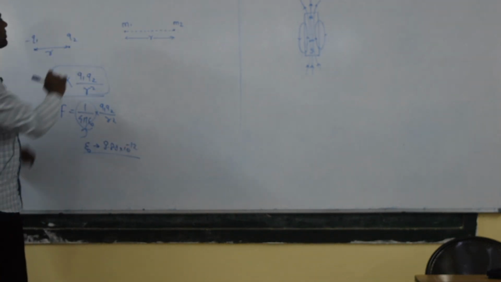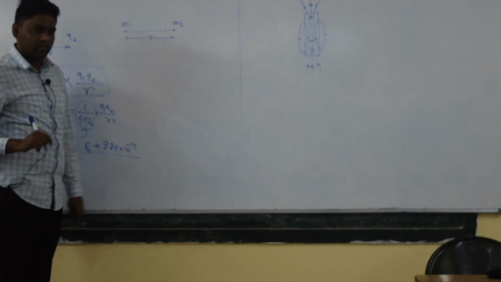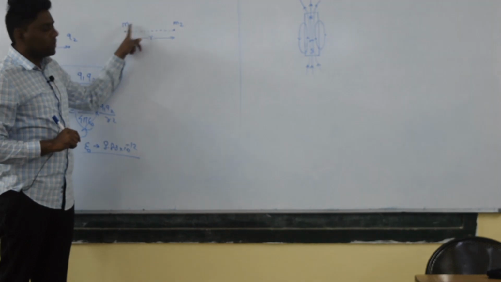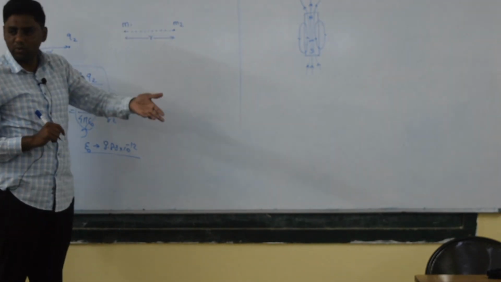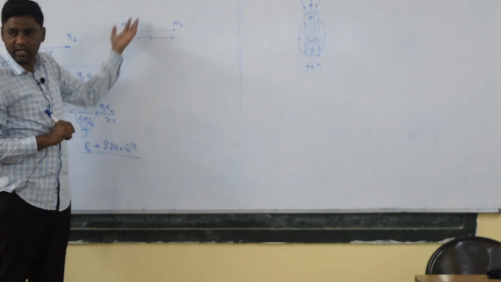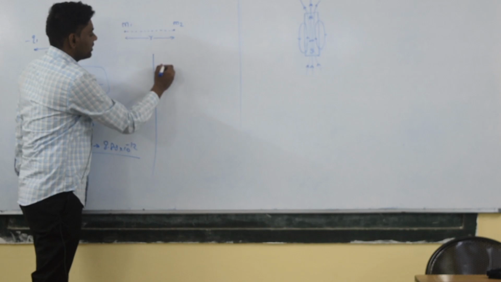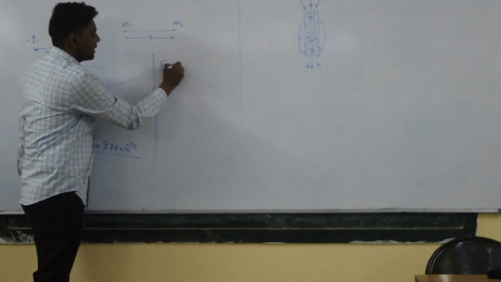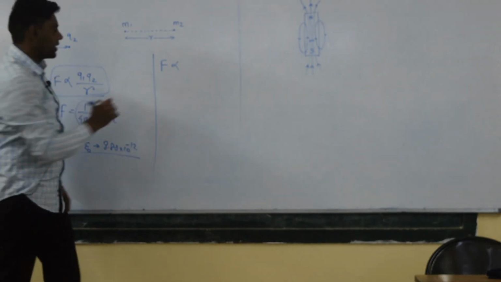Similarly, we can also explain Coulomb's law for magnetism. There are two pole strengths, meaning two magnetic poles having pole strengths, separated by the distance r. So what is the law? That is the force of attraction or repulsion between the two pole strengths.